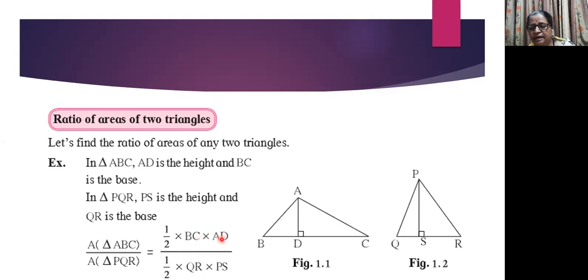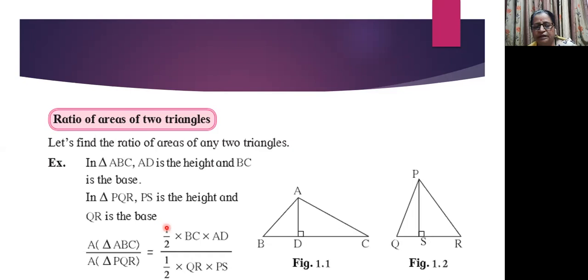BC is a base and AD is a height. Like that, in triangle PQR, half into QR into PS. QR is a base and PS is a height.